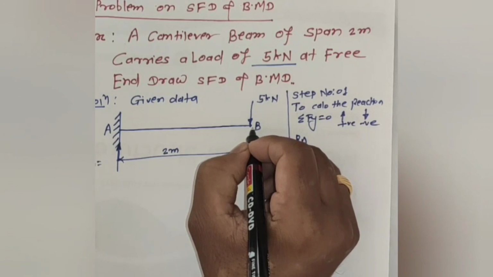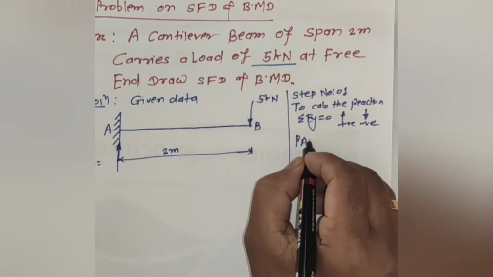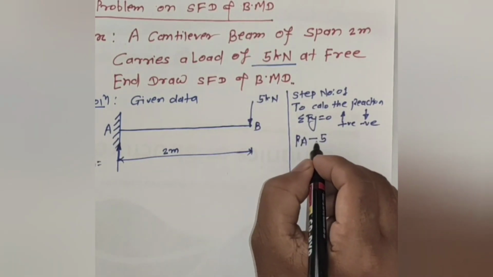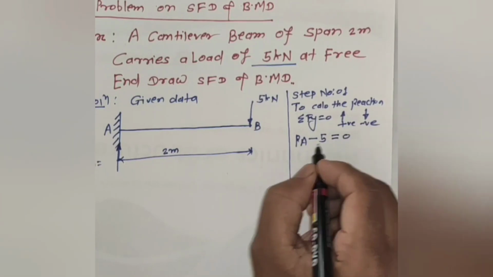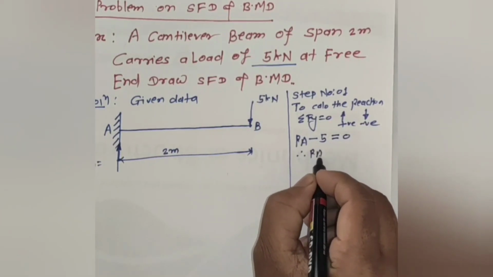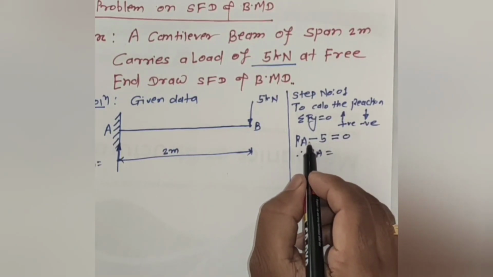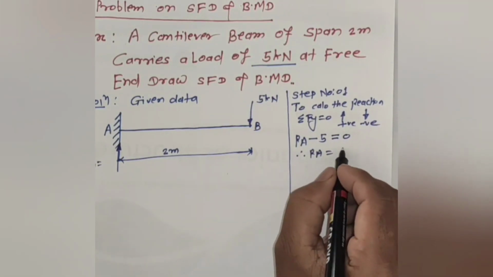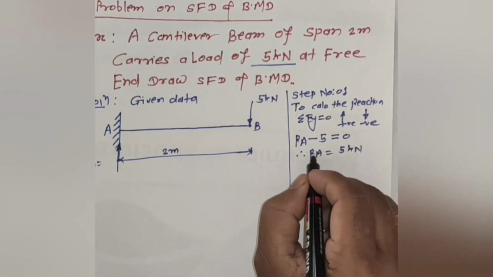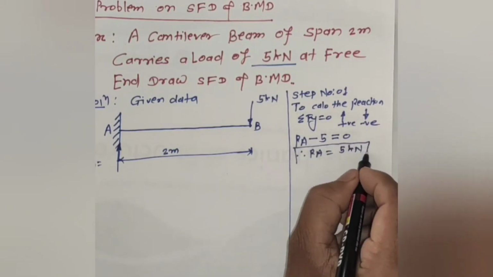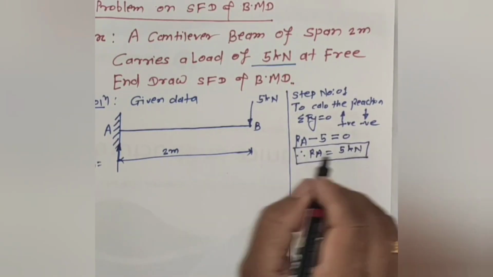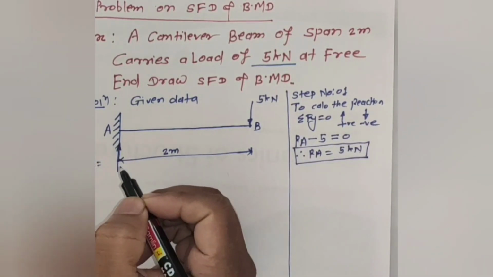This 5 kilonewton goes downward, take it negative. RA minus 5 is equal to 0. Therefore, RA is equal to plus 5 kilonewton.